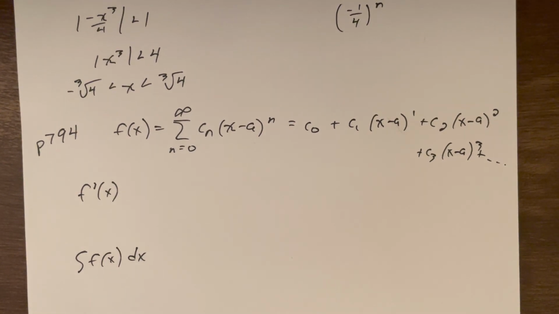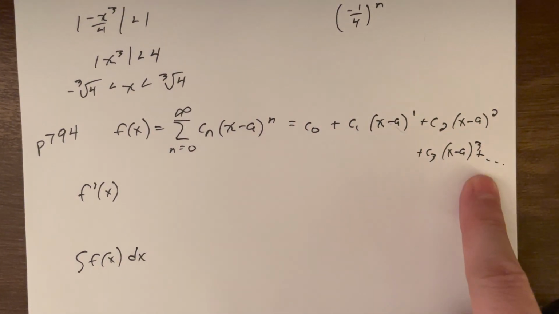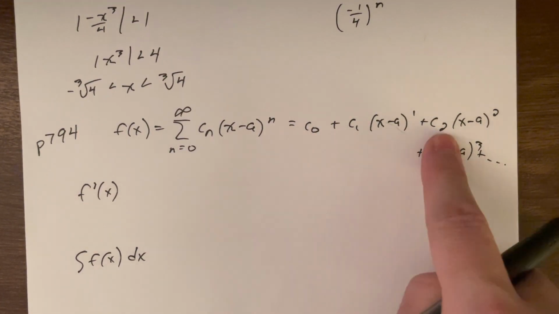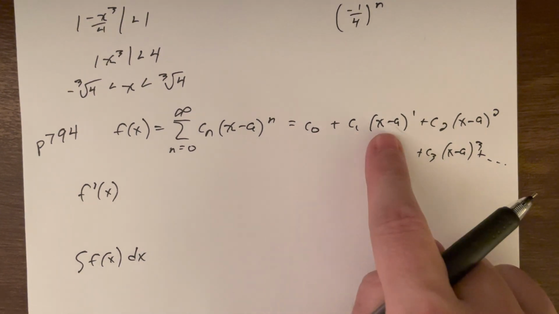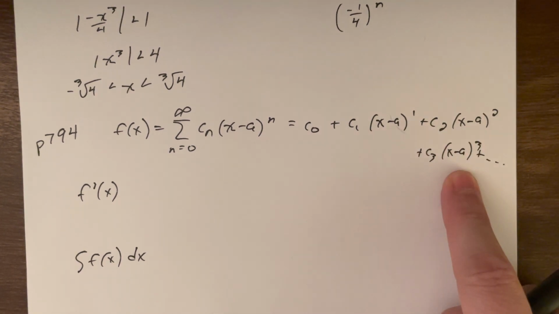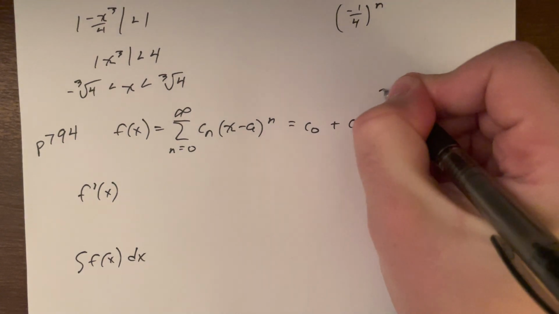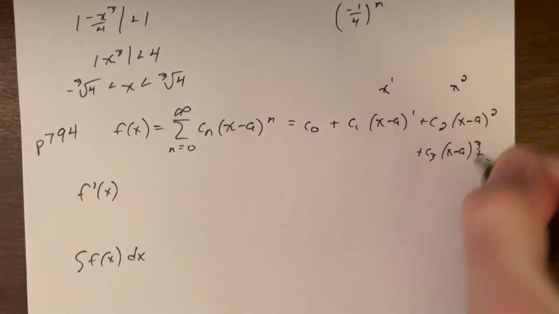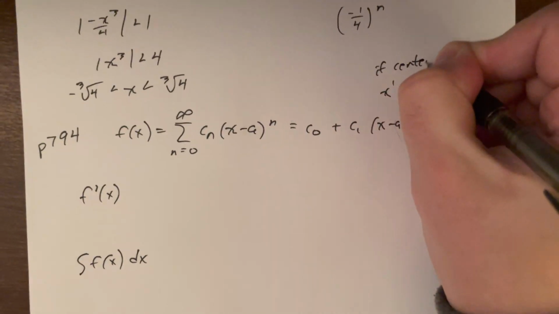But now the second nice thing is look at what happens when you actually expand these terms. Remember, the c's are all just numbers. That doesn't even have an x. This is an x term, x minus a to the first power. And especially if these were centered at 0, you just have x to the first, x squared, x cubed.